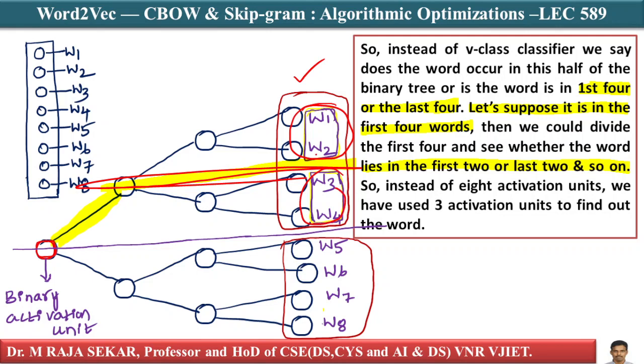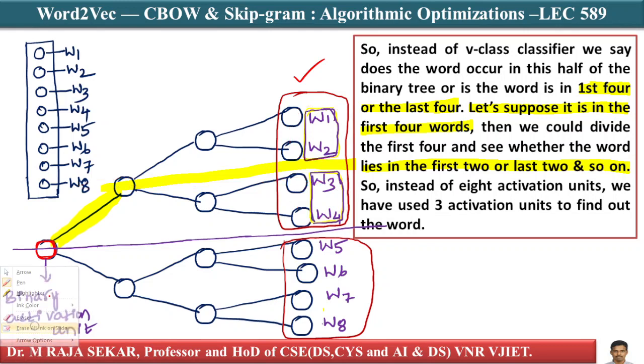That I have to decide. Let's assume it says third and fourth. Then I will come here. If this probability is higher, then I will come here. First I started here, then I came here. Now I am here.